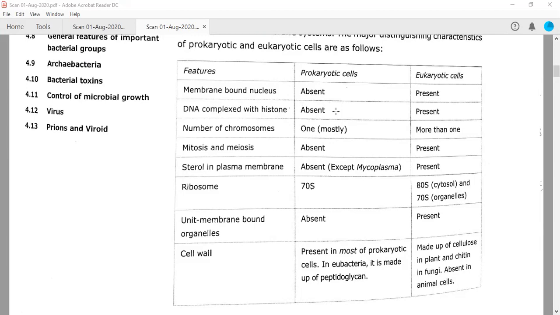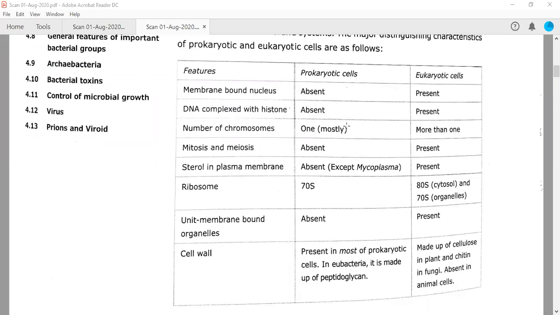But to stabilize the DNA, to wrap the DNA in a region that is called the nucleoid region, where most of the bacterial cell DNA or genetic material is present, they are complexed with some positively charged proteins, polyamines for example. But the proper histones which are present in the eukaryotes are absent from it.